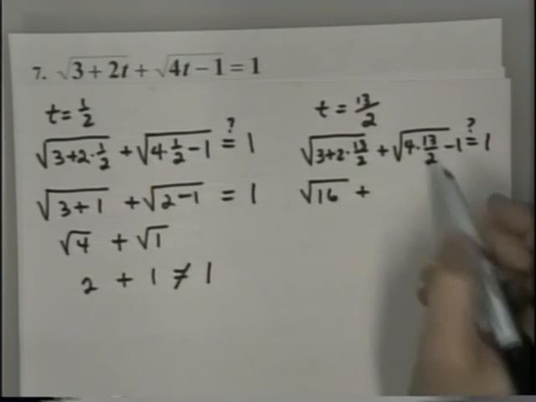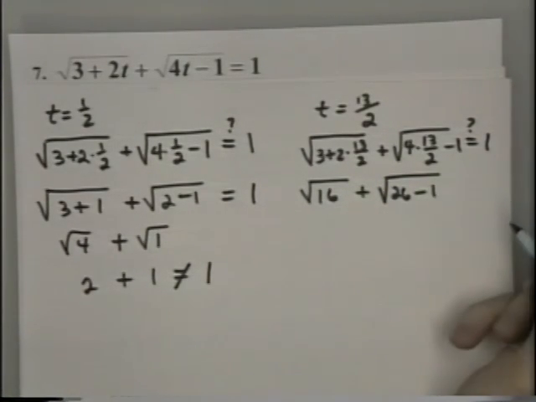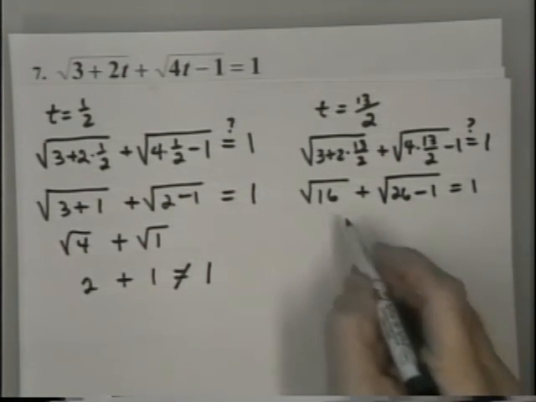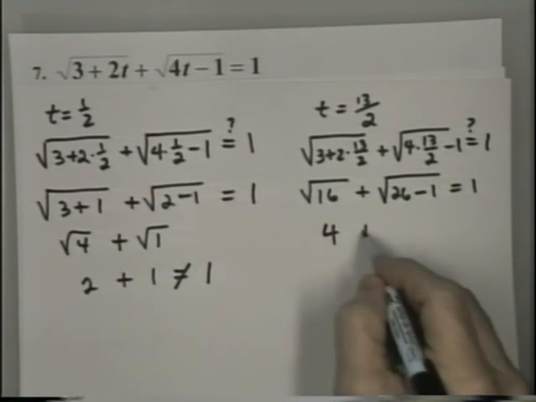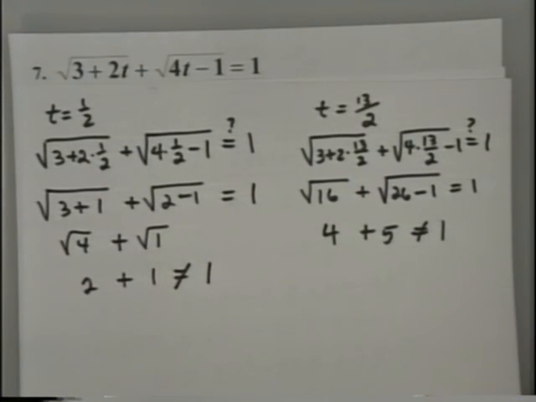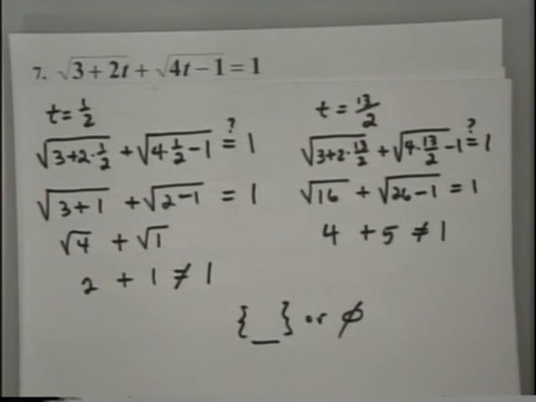Over here, 2's again divide out, and so that leaves the square root of 26 minus 1. Or 4 plus the square root of 25, which is 5, which again is not equal to 1. So neither of these solutions work. So our solution set is the empty set, or that symbol also.